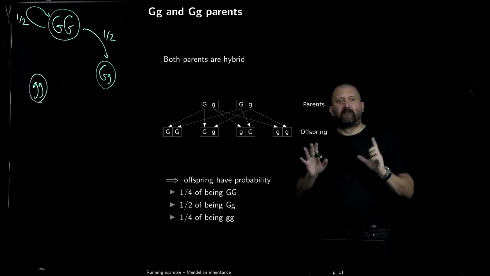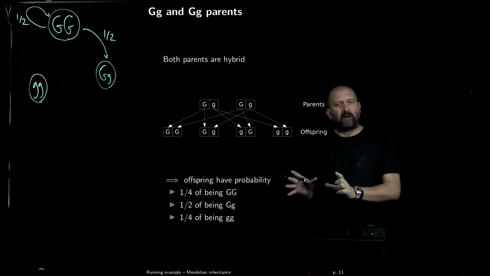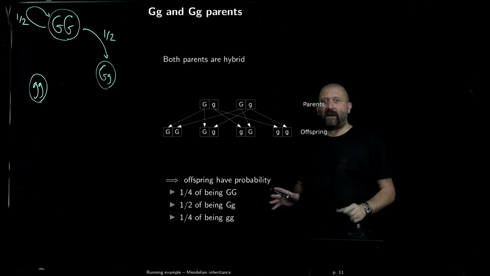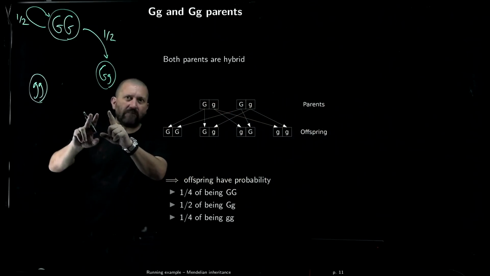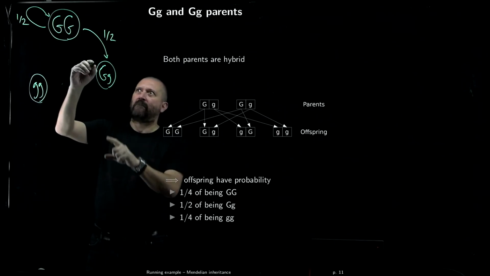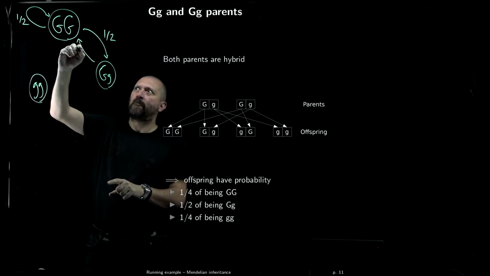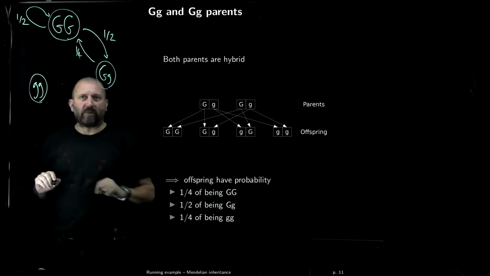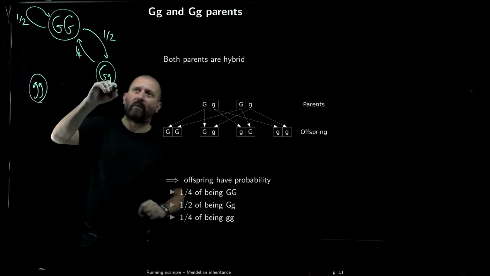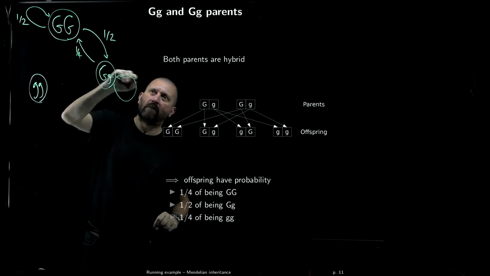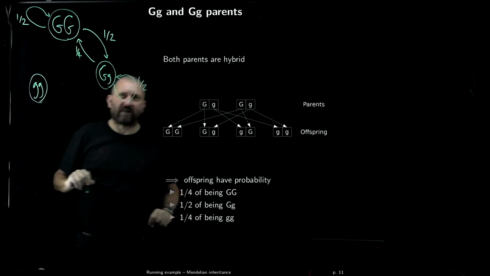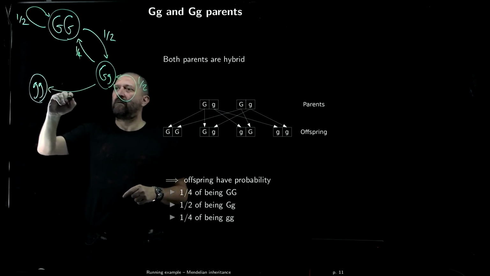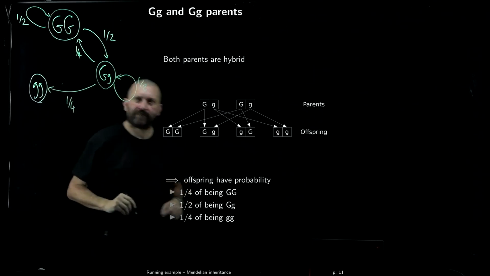So if I've picked up a hybrid because I'm mating with a hybrid, this means my two parents are hybrid. And therefore, the possible outcomes here are I have a probability 1/4 of being dominant. I have a probability 1/2 that my kids are hybrid, and I have a probability 1/4 that they are recessive.